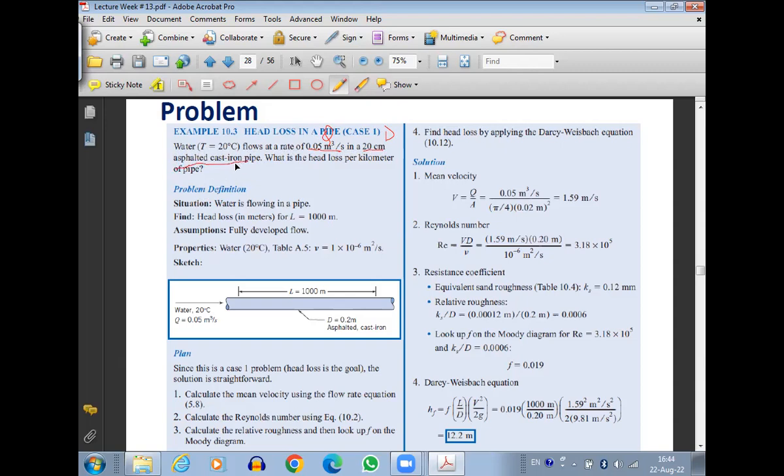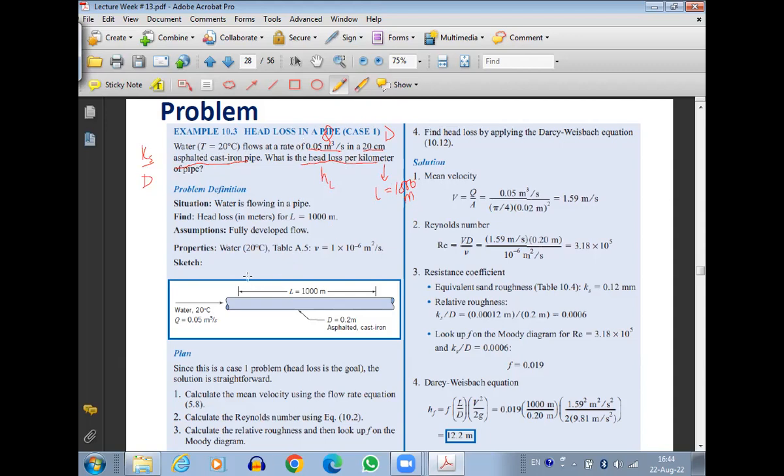Because for this specific pipe, we can find out the relative roughness, Ks over D. We need to find out what is the HL per kilometer of the pipe, meaning we are considering the pipe length as 1000 meter.